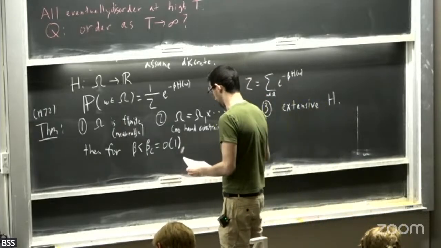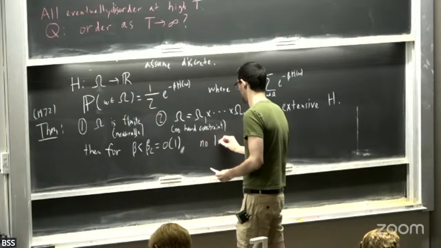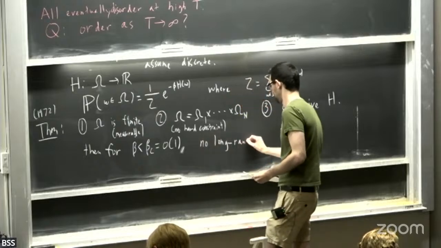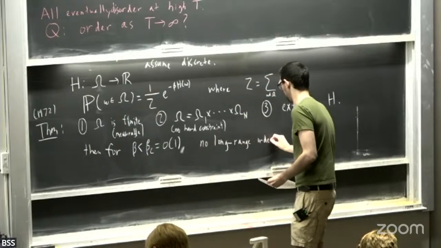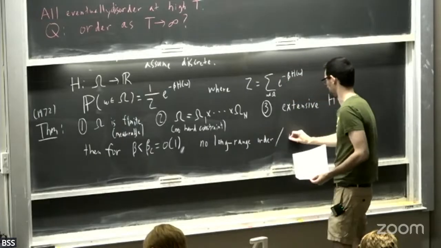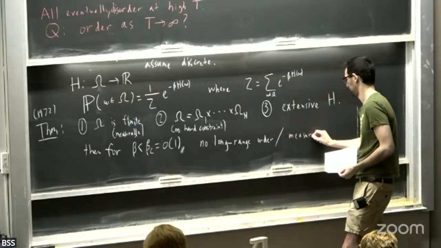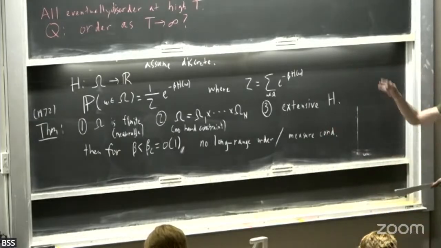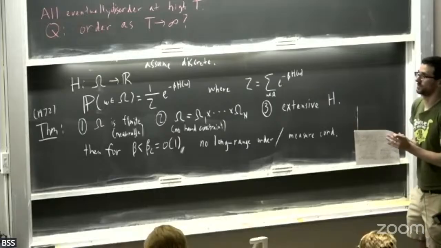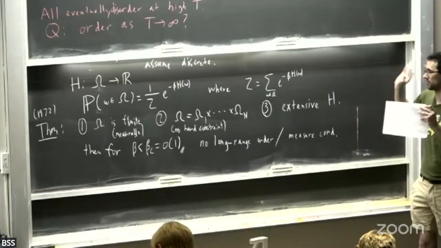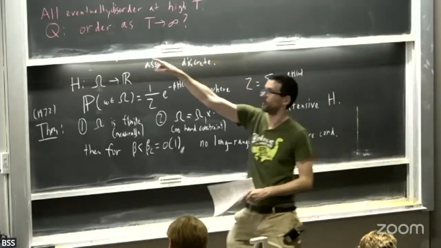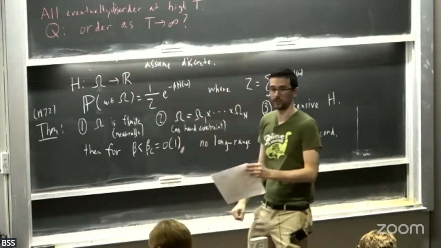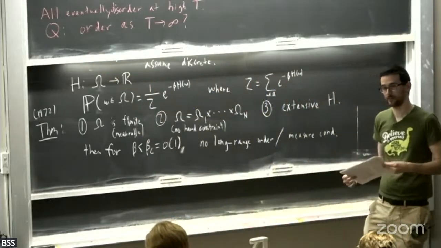Then you can say that there's no long range order or measure condensation. Okay. And so the way I define things over here, I don't need to specify what symmetry I'm talking about, et cetera. Just I give you any observable, I look at that connected 2-point function, and I get that it goes to 0.